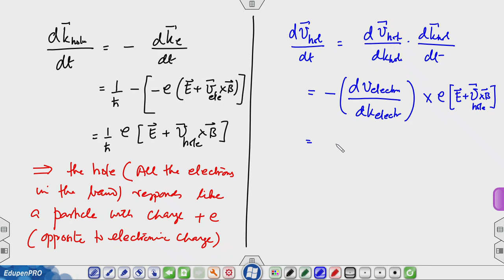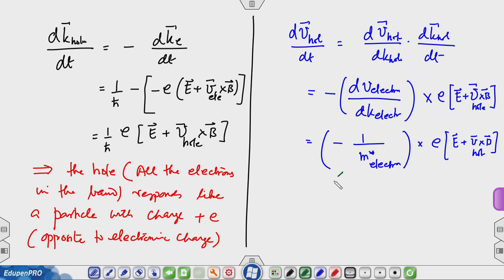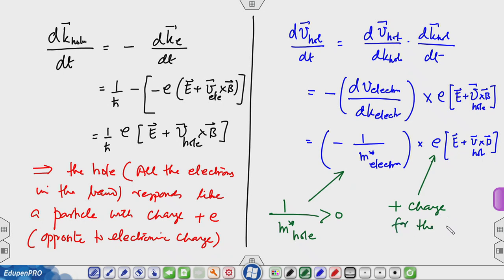So, this becomes minus 1 over m star electron times E plus V whole cross B. This I am going to call 1 over m star whole, and this is positive near the top of the band, and this is positive charge for the whole.